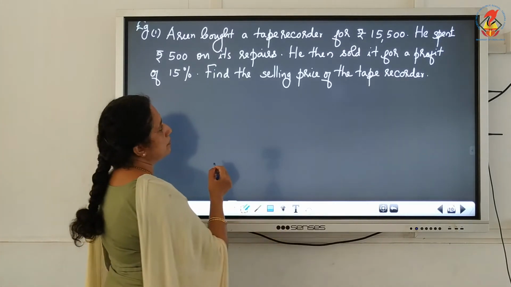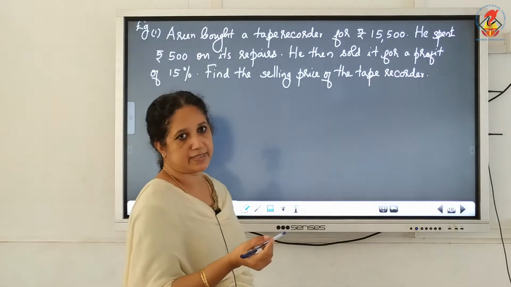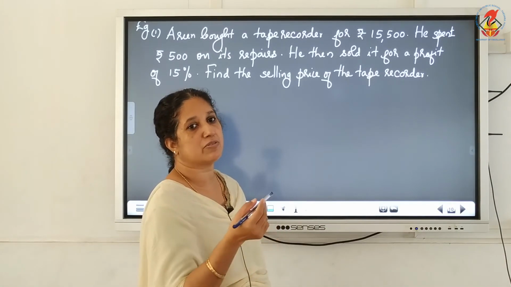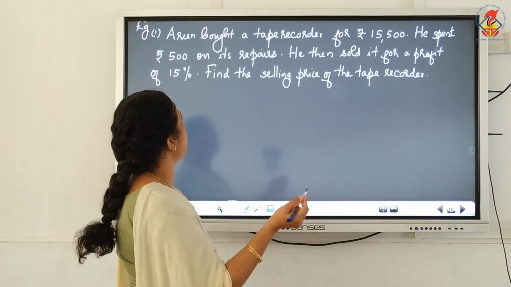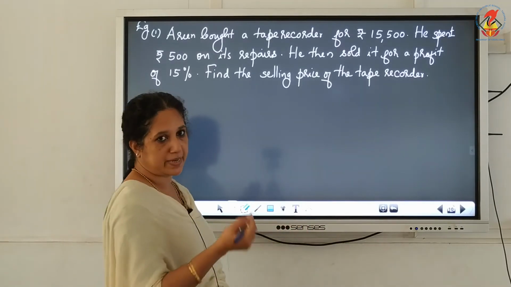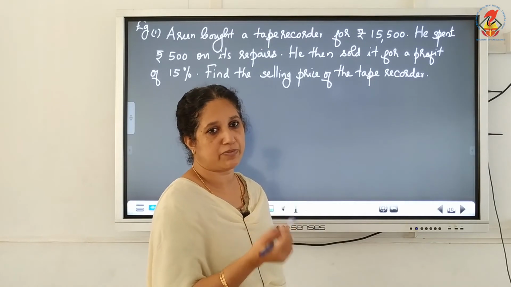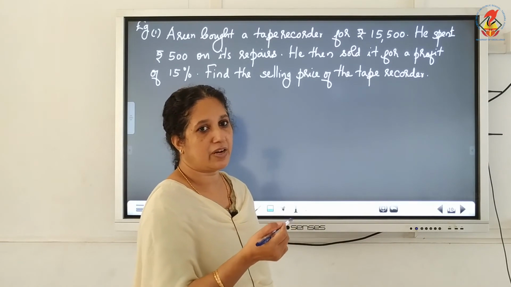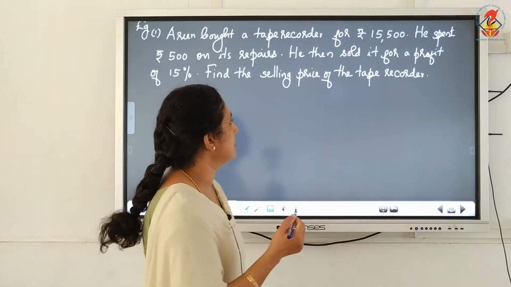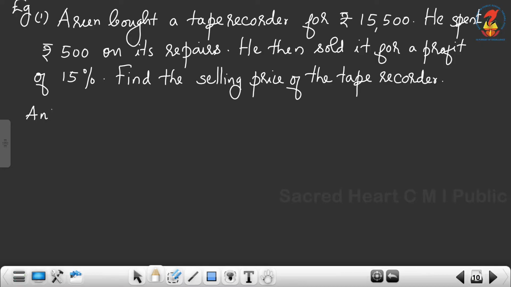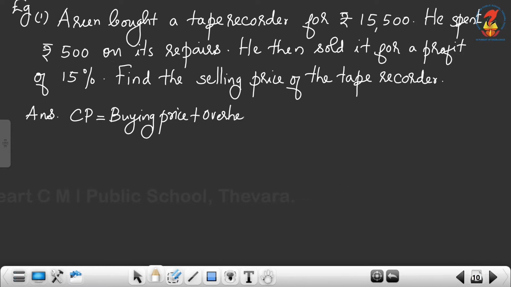Now Arun bought a tape recorder for rupees 15,500. So the buying price is 15,500. Then he spent rupees 500 on its repairs. So the overhead charges are rupees 500. Then we have to find out the cost price. Cost price is equal to buying price plus overhead expenses.